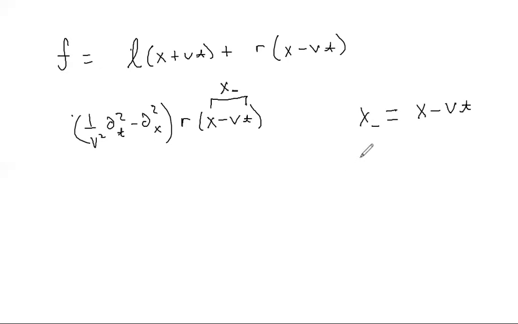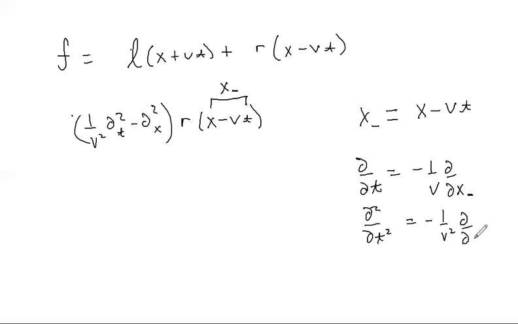And what we see is that the partial derivative with respect to time can be written as minus 1 over v partial derivative with respect to x minus. And similarly, a partial derivative with respect to time squared is really the same as minus 1 over v squared partial derivative with respect to x minus squared.